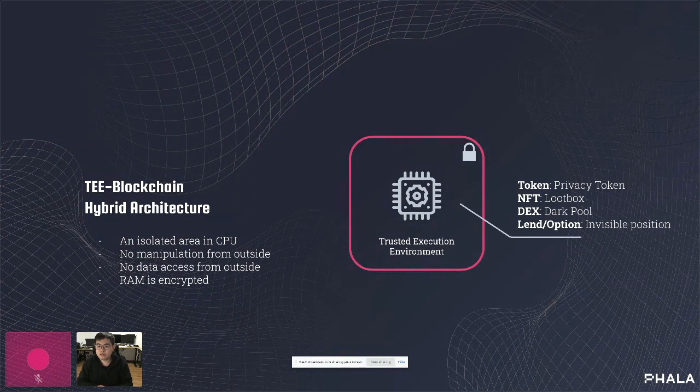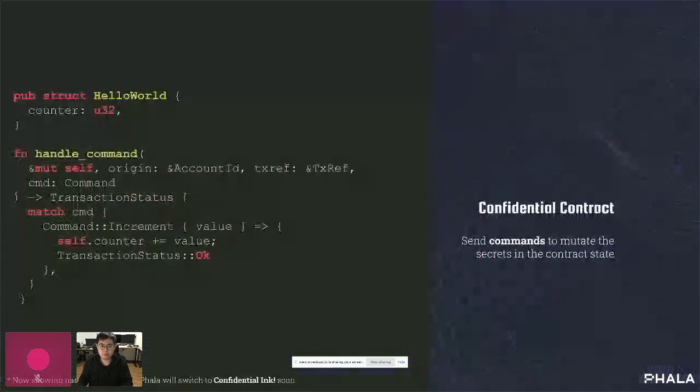Of course, we can also put an NFT inside the secure enclave, so we can make a loot box. If we put the Uniswap contract inside the enclave, we can make it a dark pool. We can also use the secure enclave to protect positions for derivatives, like a lending protocol or an option protocol. So how do we make it happen?